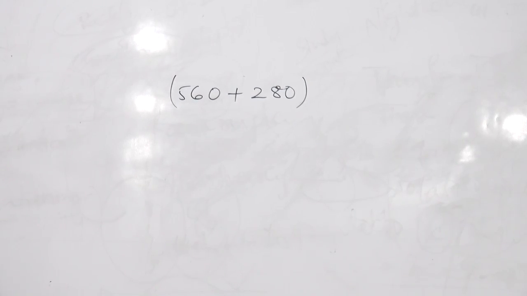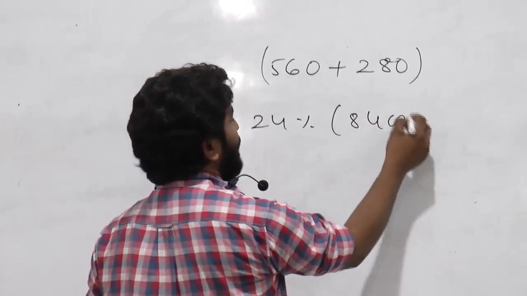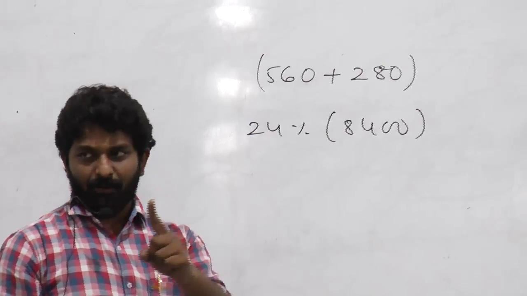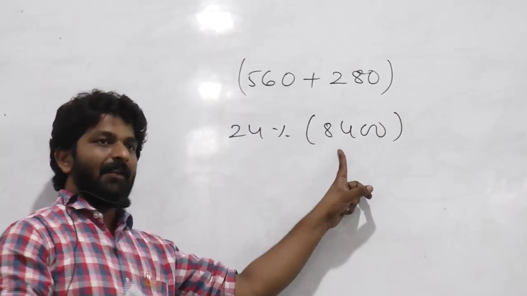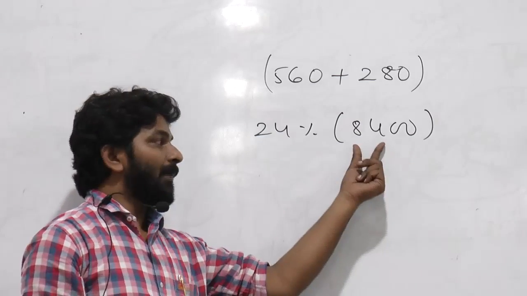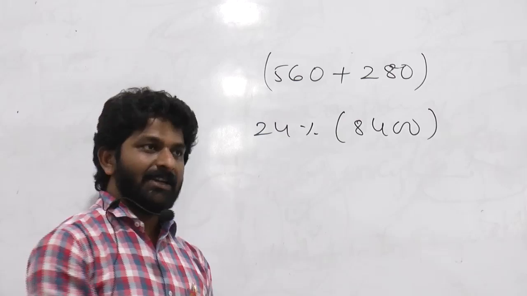That is 24% of 8,400. How do you get 24%? 25% minus 1%, that would be easy. 25% is half and half, otherwise divided by 4. 2,100 minus 1%, which is 84. 2,100 minus 84 is 2,016.